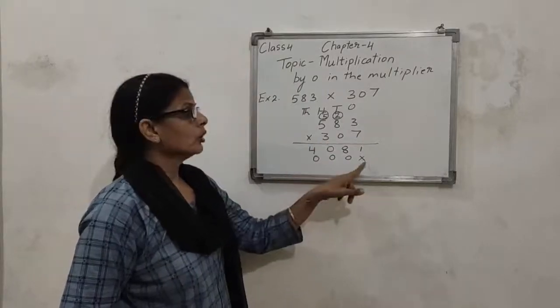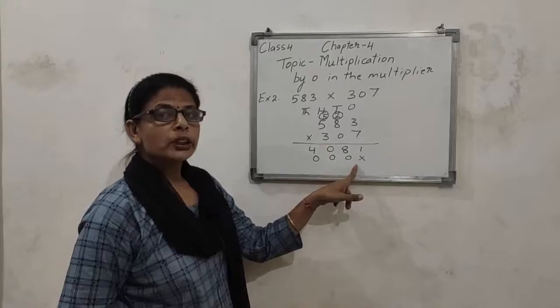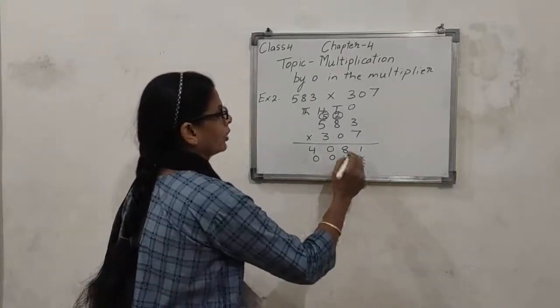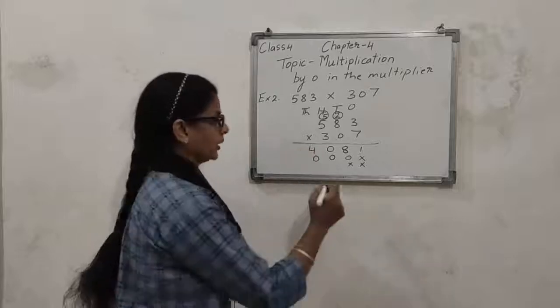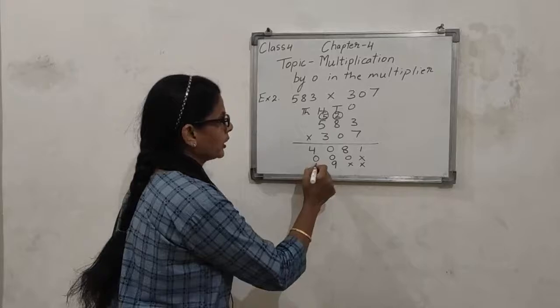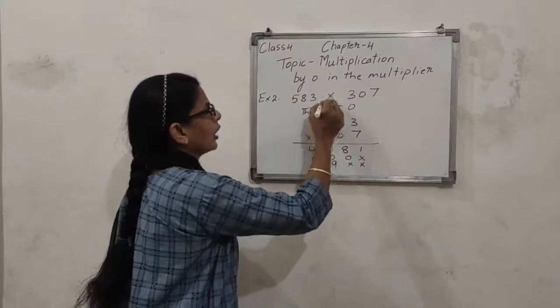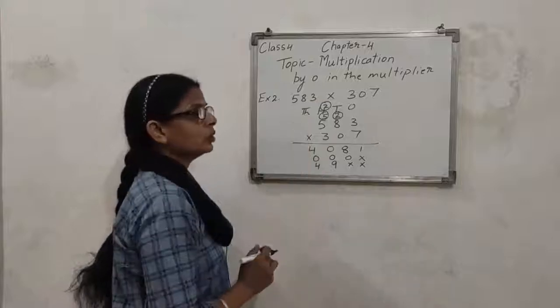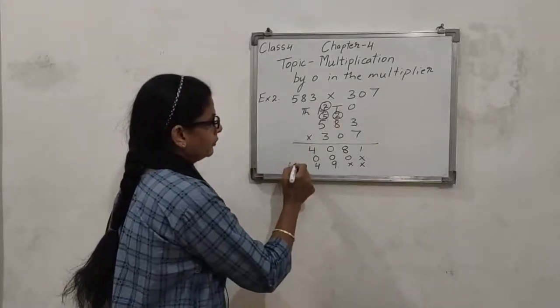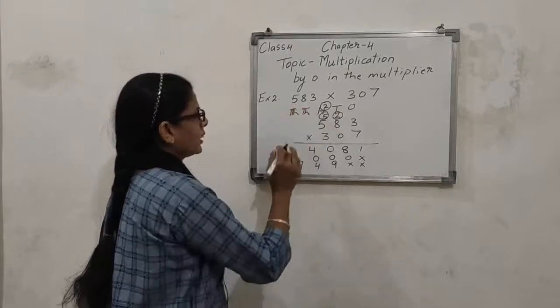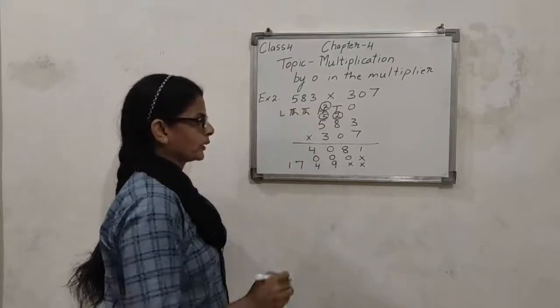So the ones and the tens place will be replaced by cross. 3 threes are 9. 3 eights are 24. 4 will be written down and 2 will be carried on the 100 place. 3 fives are 15. 15 plus 2, 17. So 7 will be written on 10,000 place and 1 will be written on lakh place.